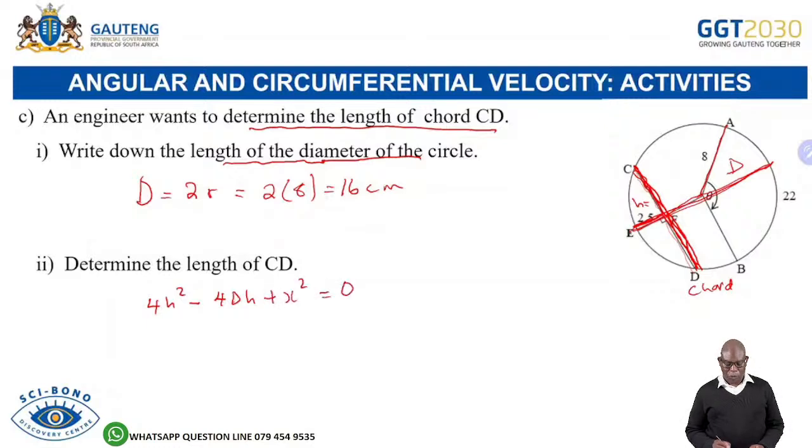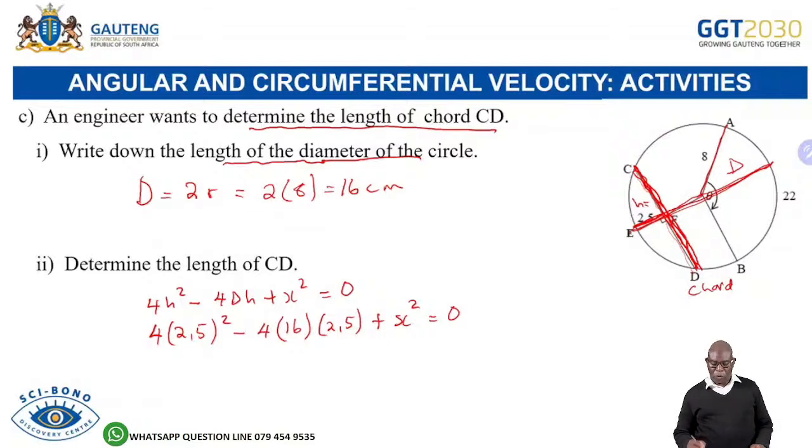Then I just substitute. My height is 2,5 squared. My d is 16. My h is 2,5. My x squared is x squared because I don't know it, it's my CD, the length of CD, which is the chord. Remember, x is the length of the chord. So if I manipulate that, I'll get x squared equals 135, right?